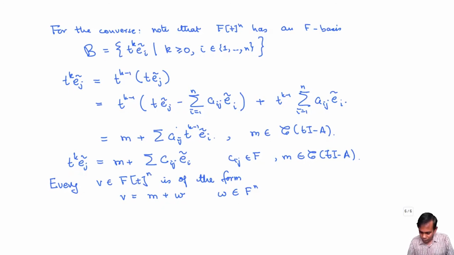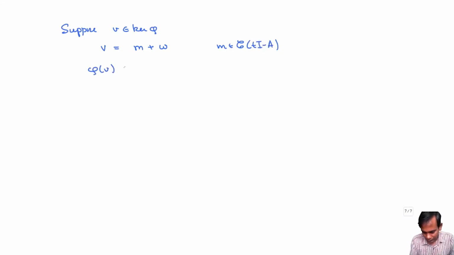Okay, and now suppose v is in the kernel of phi. So now we have v equal to m plus w, where m belongs to the column space of tI minus A. Then phi of v is phi of m plus phi of w, but m is in the column space of tI minus A, and we know that that's in the kernel of phi.